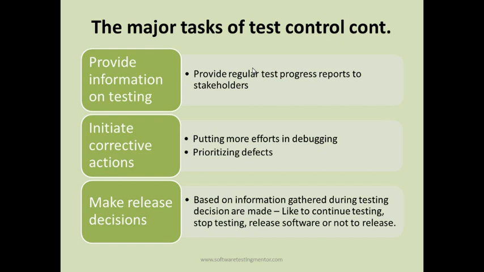So you can make the release decision based on those criteria. If just 20 low priority defects are remaining which don't hamper the release of the software, you can decide based on those test control figures that you have got. So that's another major task of test control.